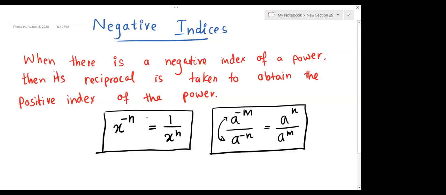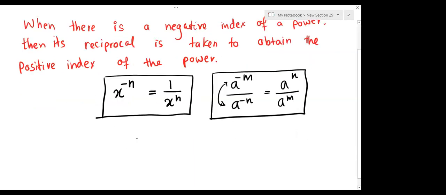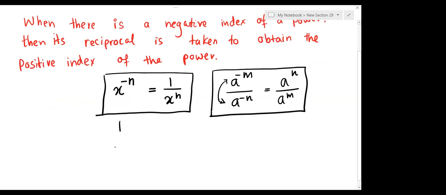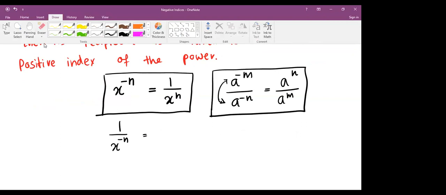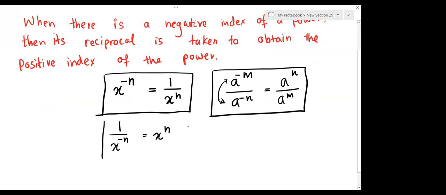When we have a negative index in a power, we change the numerator and the denominator. Also, if it is given like this, x to the power of minus n, then x to the power of n goes to the numerator. Then we write x to the power of n like this. Write down all three.